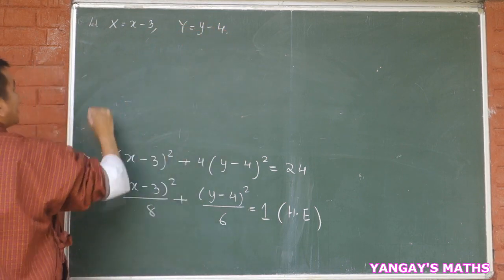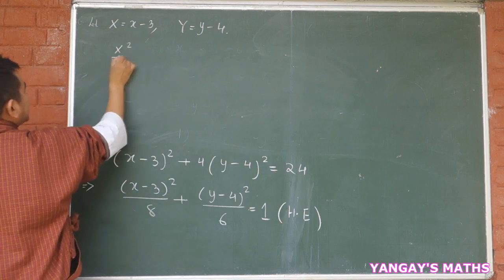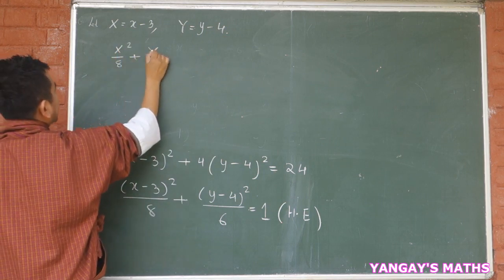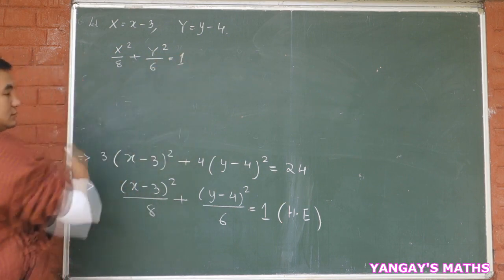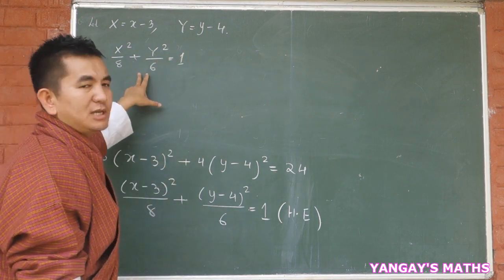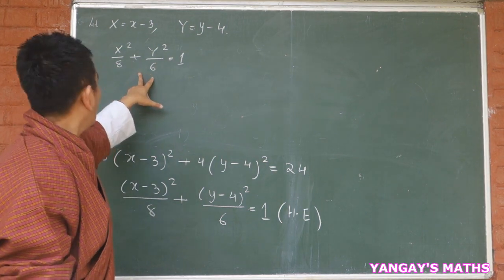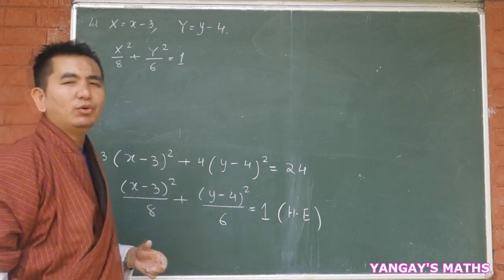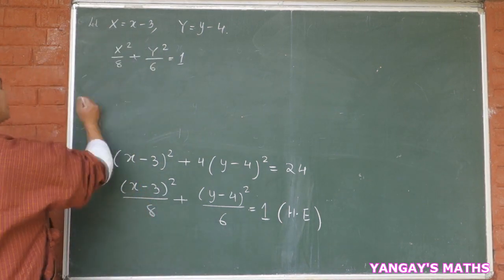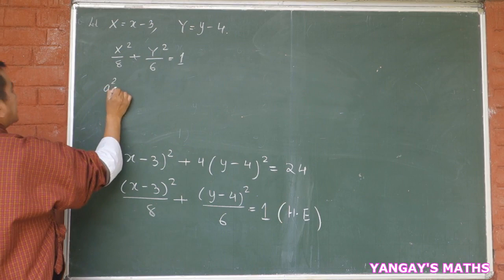So definitely this will become capital X squared by 8 plus capital Y squared by 6 is equivalent to 1. Now, this is the equation of the ellipse whose center is at the origin. After that, we will do new coordinates and old coordinates. Before that, what do we have? A square value.